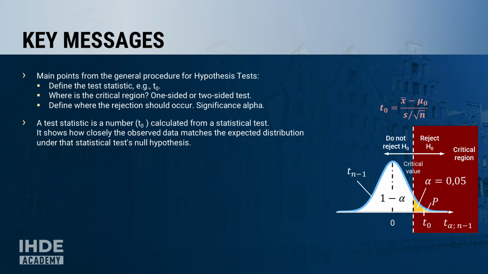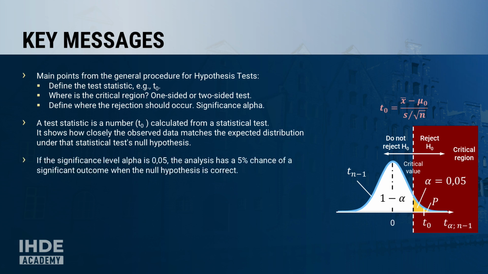A test statistic is a number calculated from a statistical test. It shows how closely the observed data matches the expected distribution under that statistical test's null hypothesis. If the significance level alpha is 0.05, the analysis has a 5% chance of a significant outcome when the null hypothesis is correct.